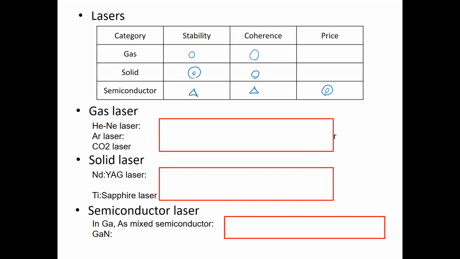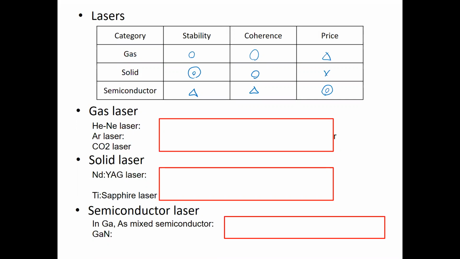And the solid laser is most expensive, and the gas laser is in the middle. So this is a general categorization of the lasers. And first, the gas laser, which was first invented as a laser source.